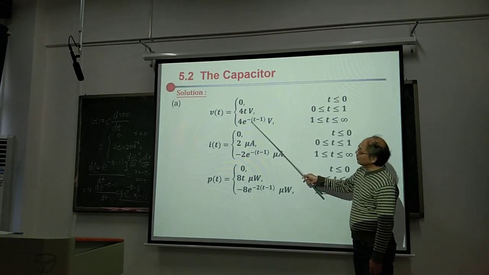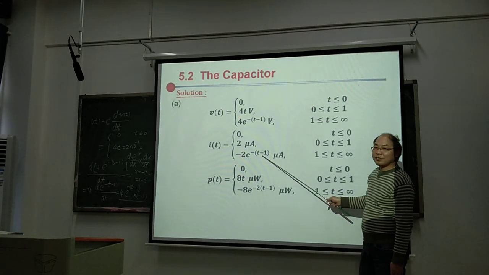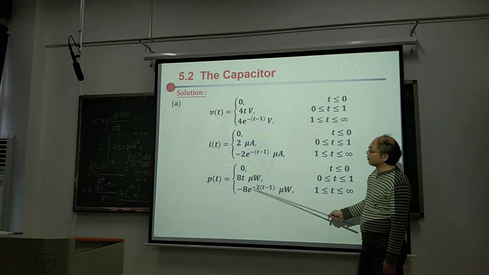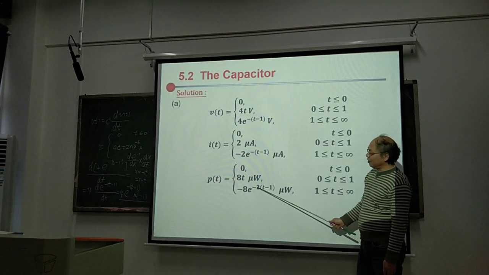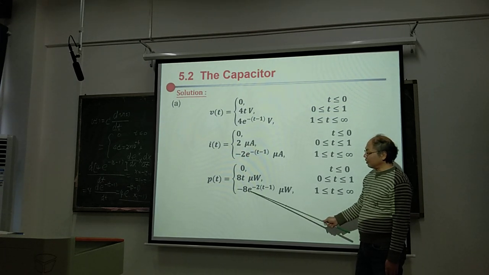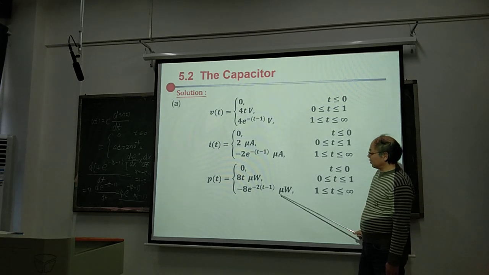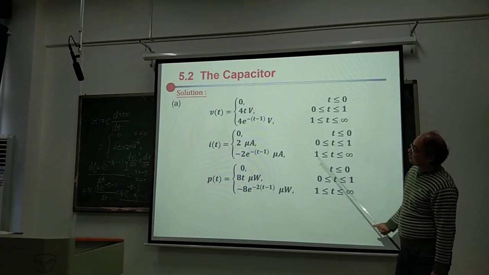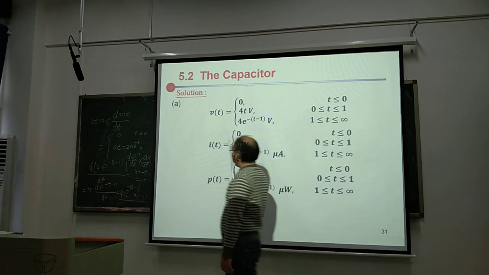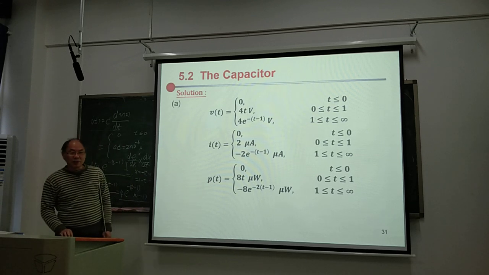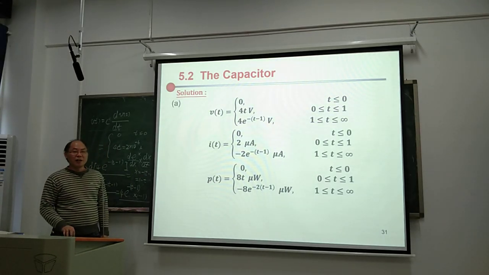And this times 10 to the 6, so we get minus 8. This is also microwatt. And we get power p of t.